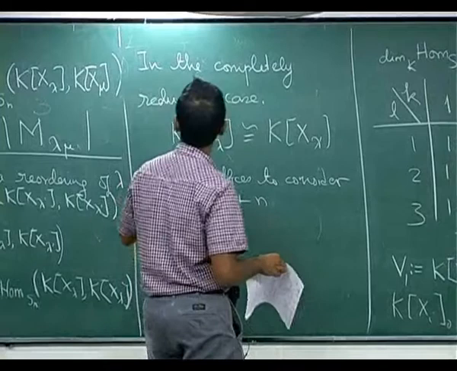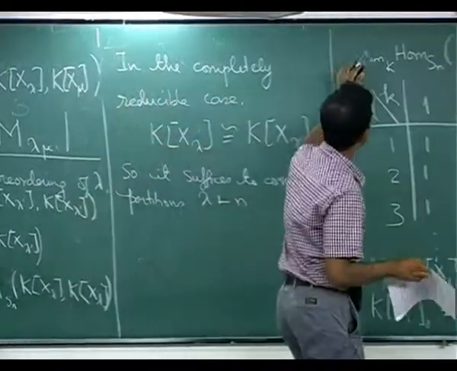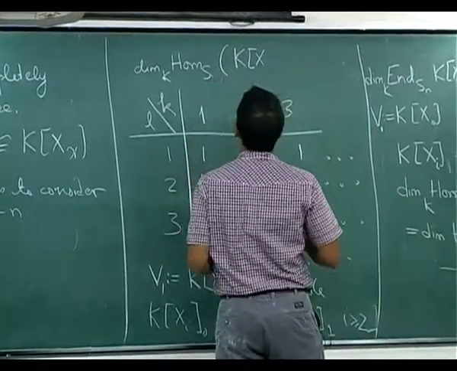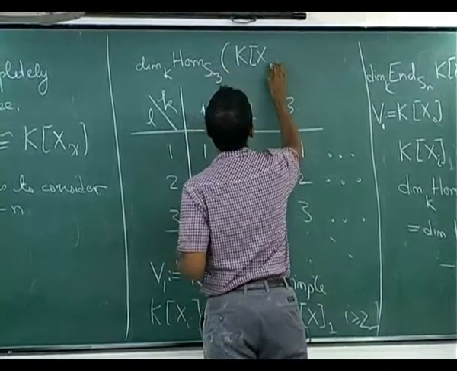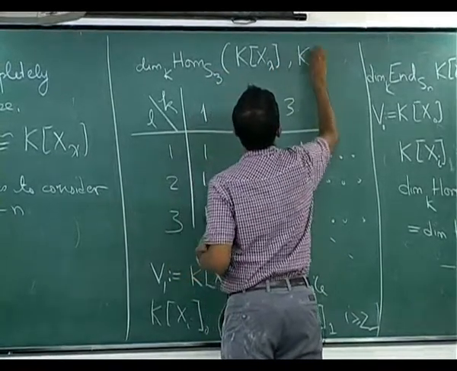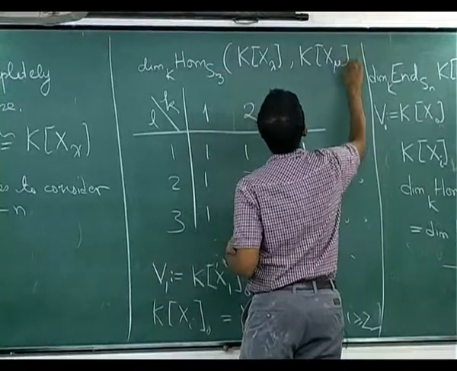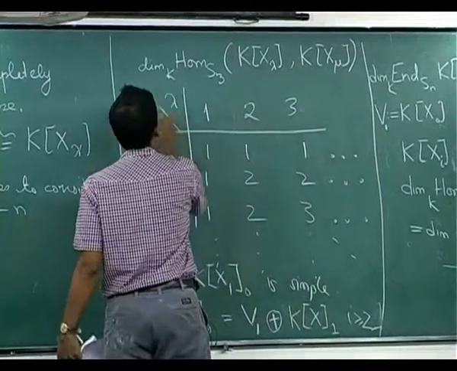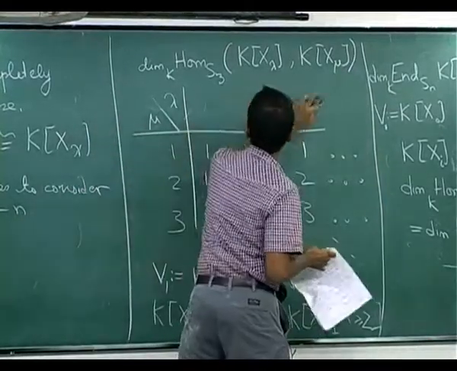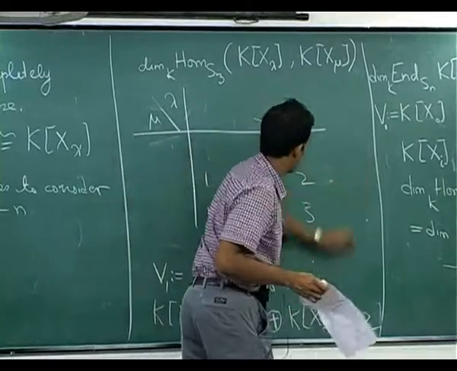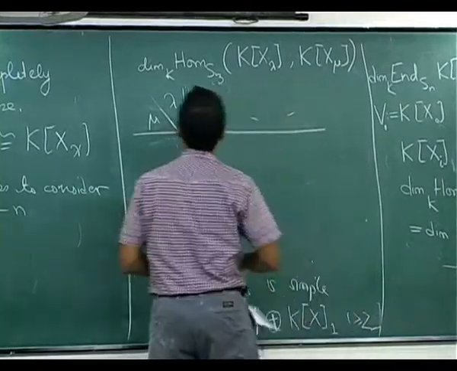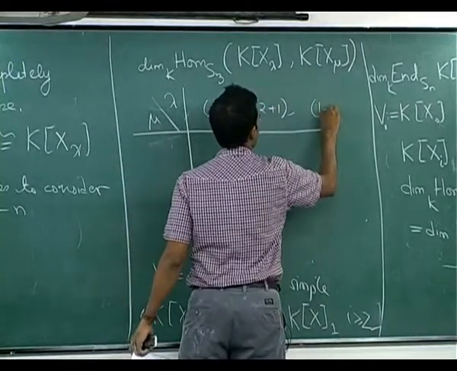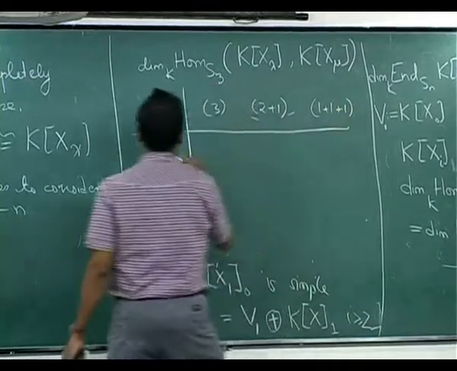So I'll look at S3, k X lambda, k X mu. There are only three partitions: 3, 2 plus 1, and 1 plus 1 plus 1.